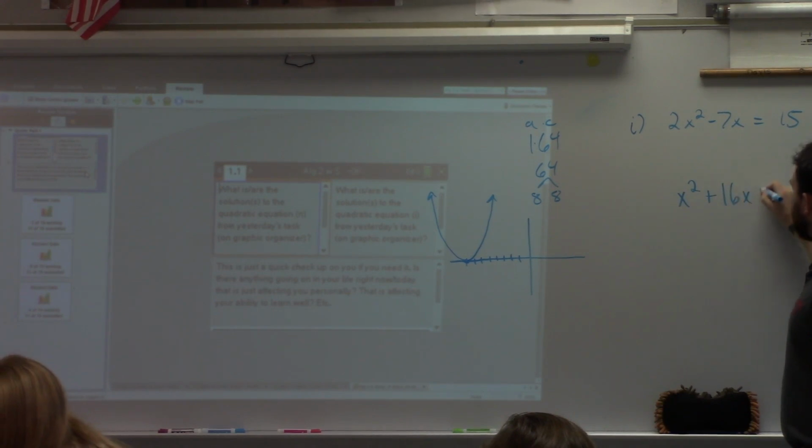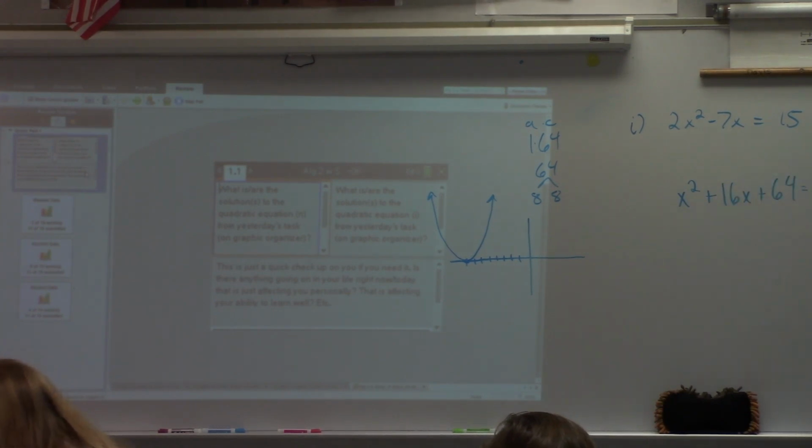Did I tell you what method to use on solving this equation? Did I? No. Most of us went to factoring, right? Because there were factors of A times C that added up to B. But could I have used vertex form here? How would I have calculated H in this case? -16.